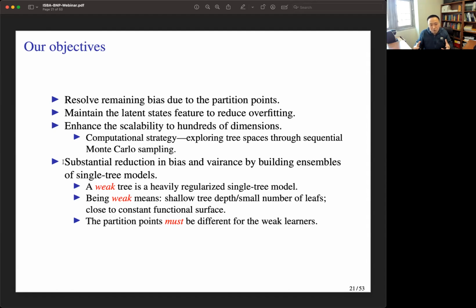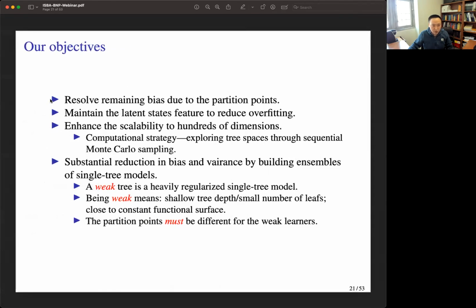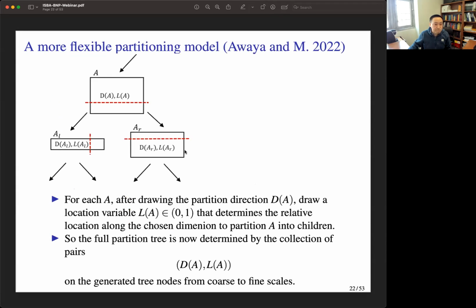If we're able to build very flexible tree base learners for the unsupervised problem, can we do something similar as in supervised problems by building ensembles, so that we can have ensemble models that characterize high dimensional probability distributions and can blow away the performance of single tree models? Now, the prerequisite of that is that you can fit pretty good single tree models. And that's what I'm going to talk about first.